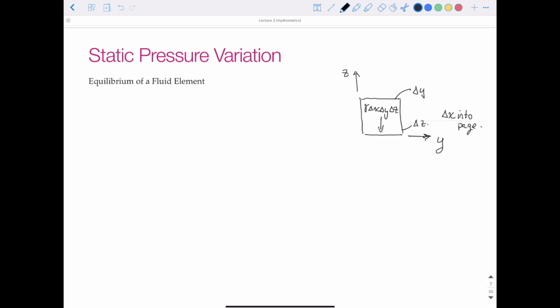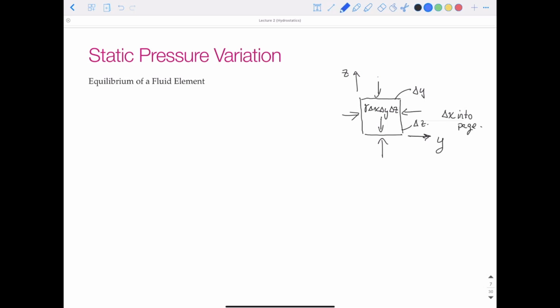And if this is a volume of fluid with pressure acting all around it, we can write, in differential form centered about the middle, all the pressure forces acting on this element.